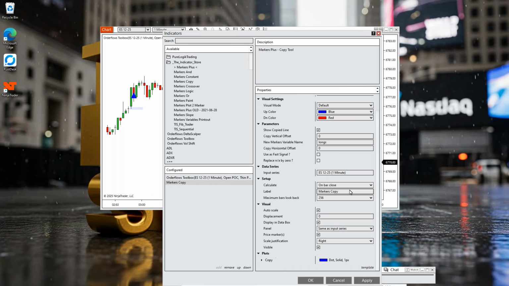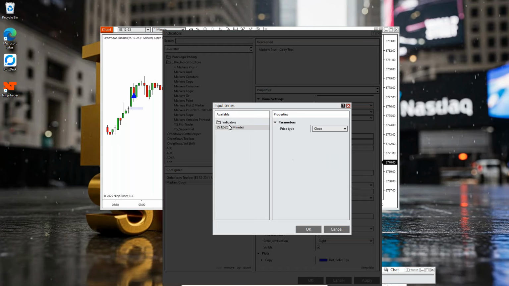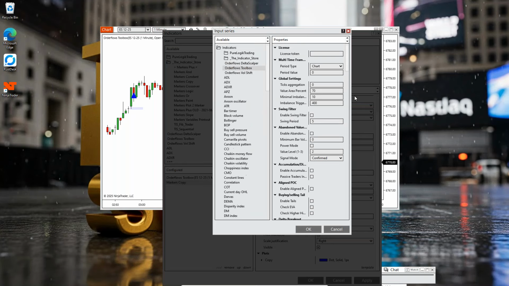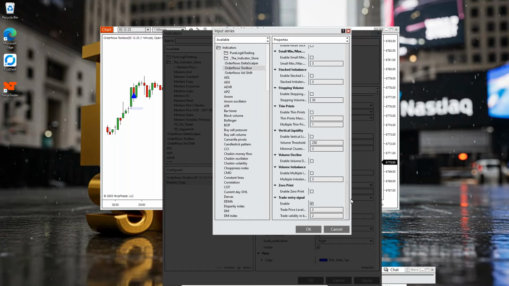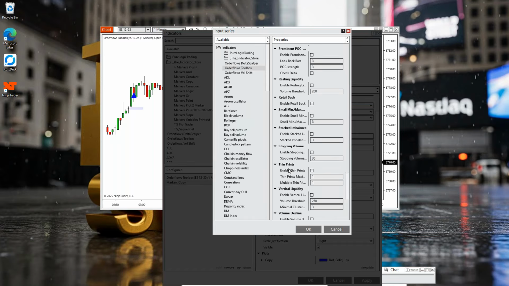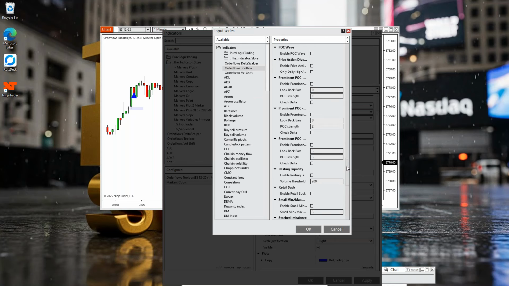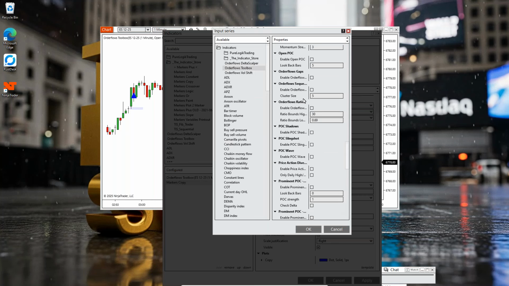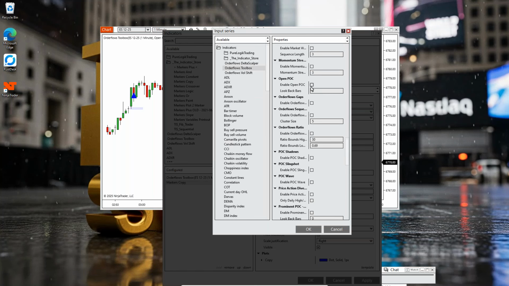So on the copy, I select the same parameters. Thin prints with a 3 and a 1. And the other was open POC with a 25.